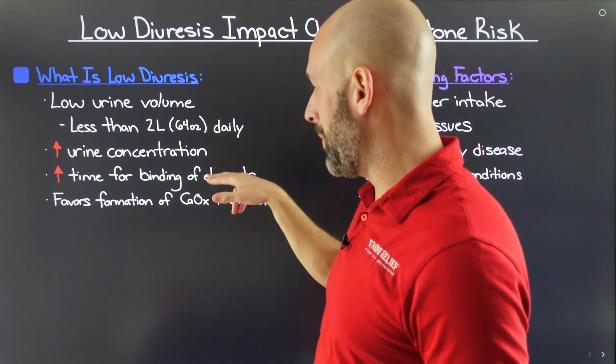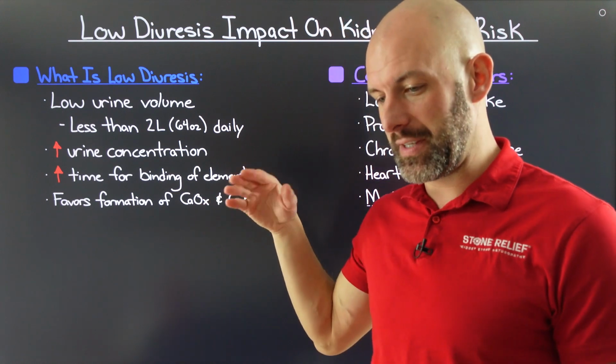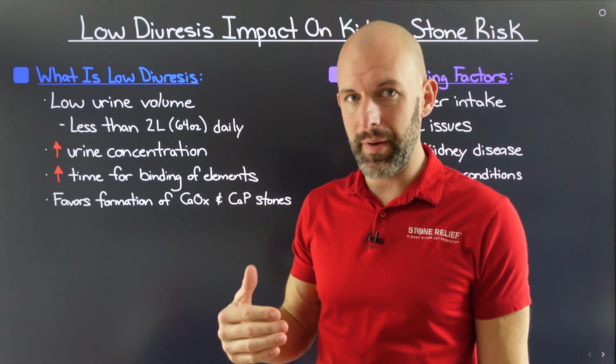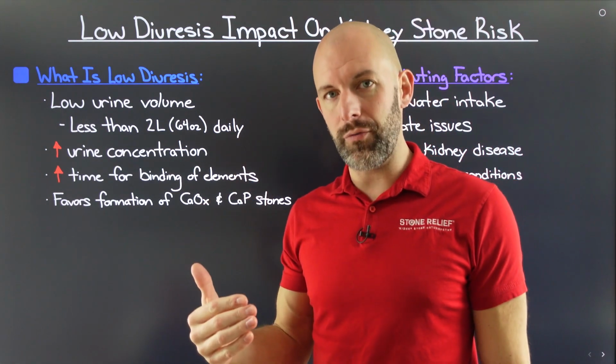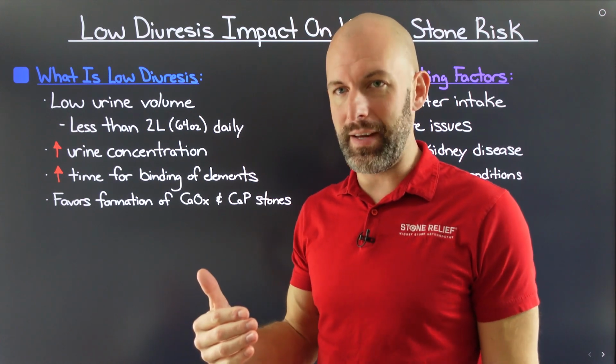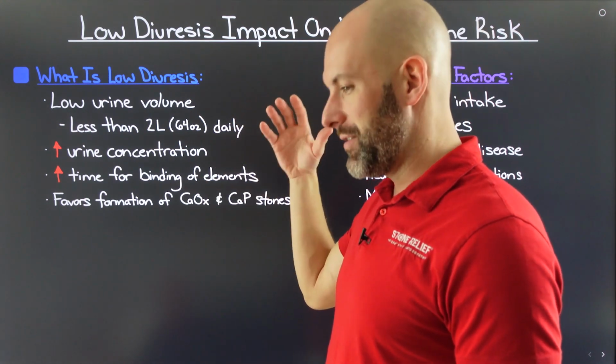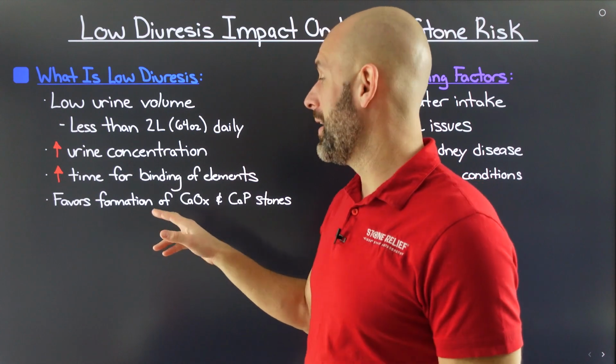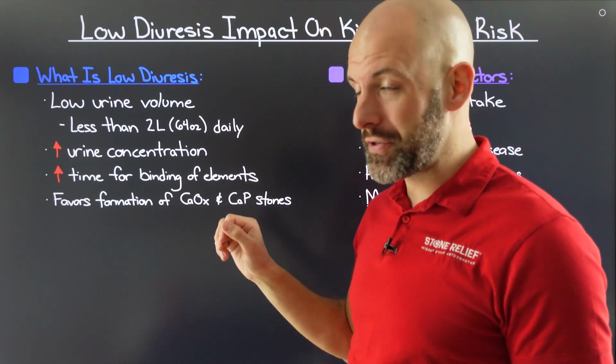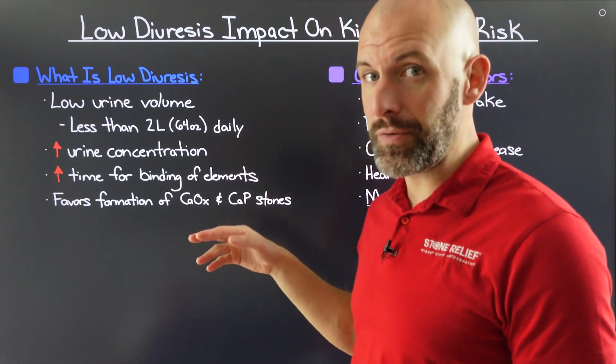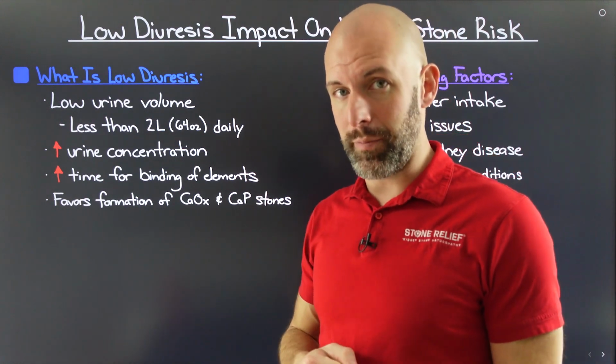That time for binding is a really big piece of it, because if we're not passing much urine, we're giving all those stone-forming elements all the time they need to get together to form, in particular, calcium oxalate, but also calcium phosphate stones, given the appropriate urine pH.